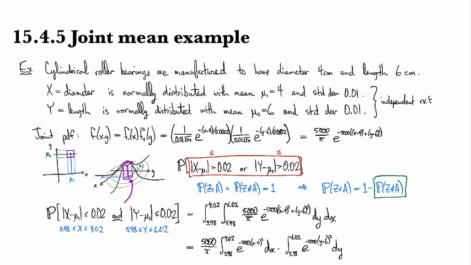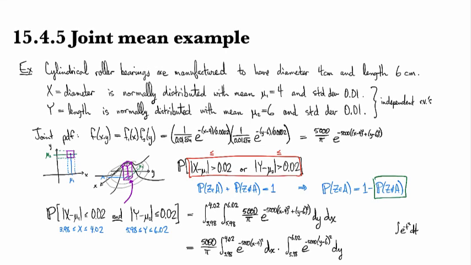It turns out that e to the minus t squared has no elementary antiderivative, so you can't do it analytically. You have to resort to something numerical.